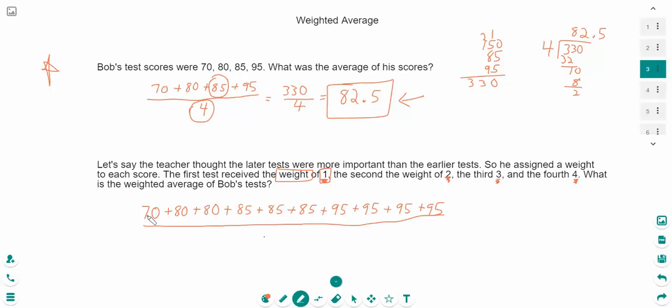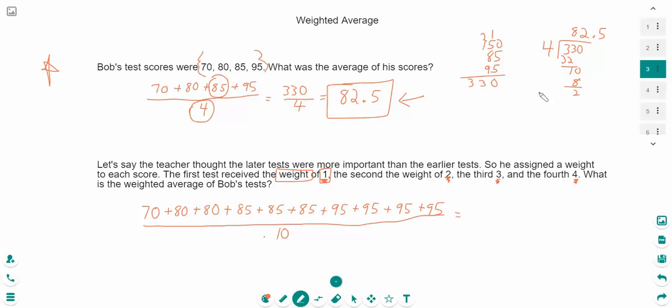So in this case, there's 1, 2, 3, 4, 5, 6, 7, 8, 9, 10. So we have 10 total grades up in the numerator, which is a lot more than the 4 tests that he took. But because of the weighting system, we end up with 10 grades. So we need to divide it by 10, not 4 this time. All right, so let's go ahead and compute this.